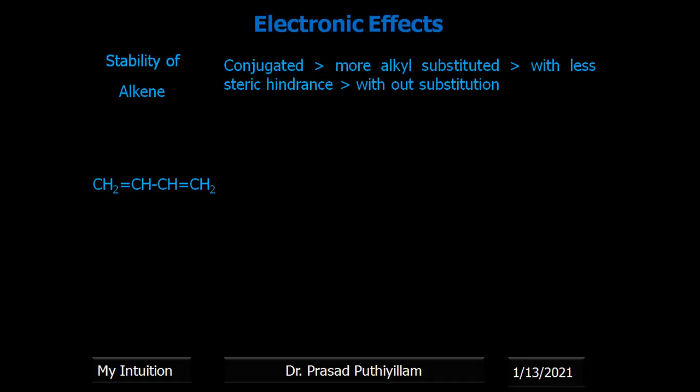So the first one is the case of a conjugated system. The pi bond shifting is possible, or the electrons are free to move. Therefore this system is more stable than a completely substituted carbon-carbon double bond with all alkyl substitution, which will be contributing electrons towards it. Therefore the stability is more.